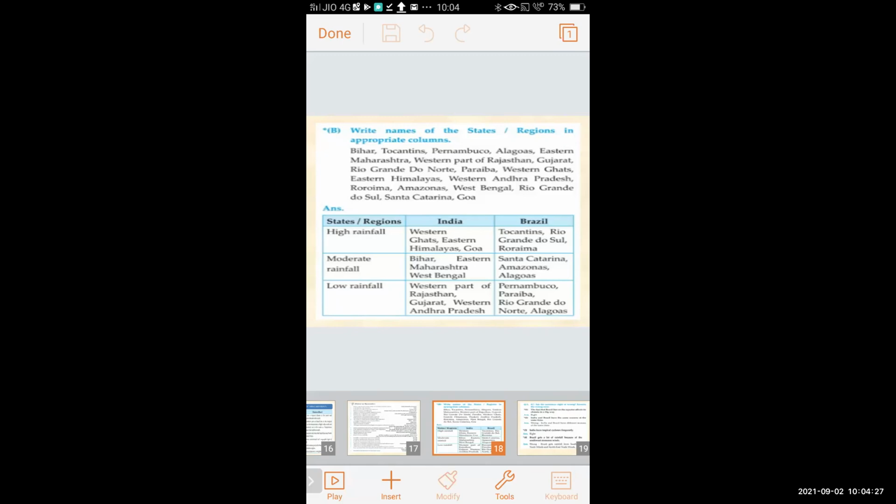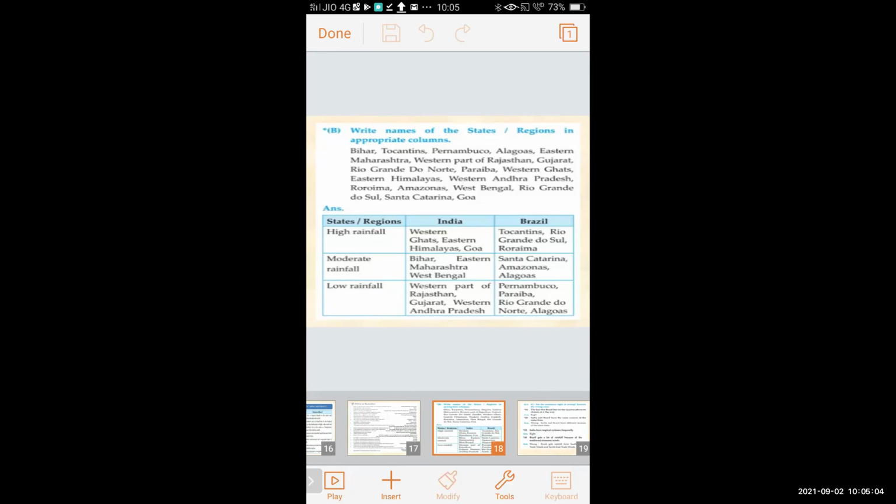And different states and region given are Bihar, Tocantins, Pernambuco, Alagoas, Eastern Maharashtra, western part of Rajasthan, Gujarat, Rio Grande do Norte, Paraíba, Western Ghats, Eastern Himalayas, Western Andhra Pradesh, Roraima, Amazonas, West Bengal, Rio Grande do Sul, Santa Catarina, and Goa.